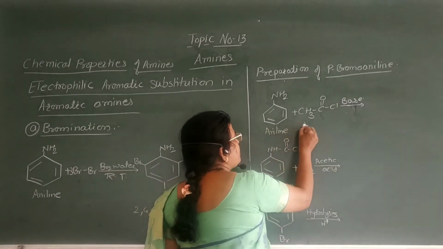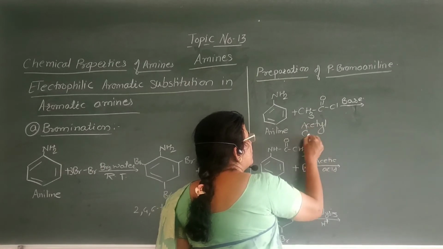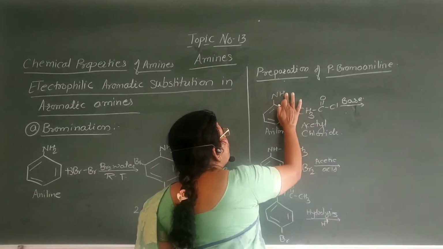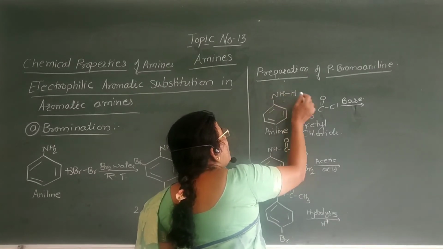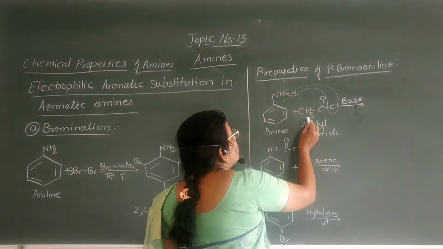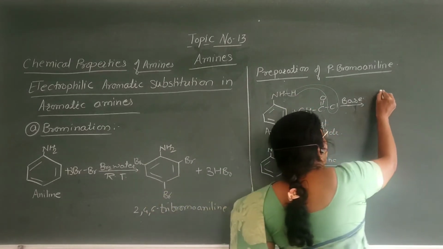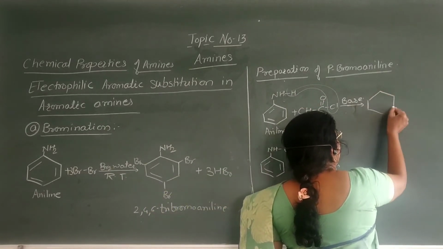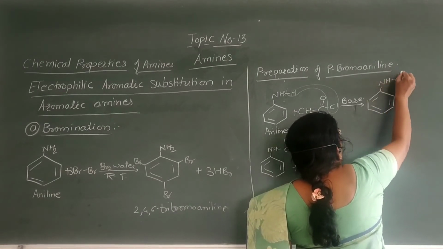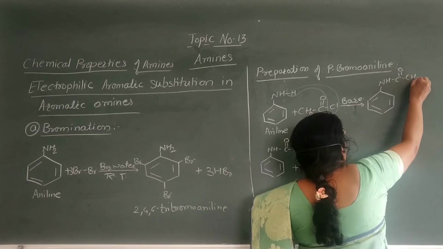then 1 hydrogen atom from aniline is replaced by the COCH3 group. Here we get NHCOCH3 plus HCl.